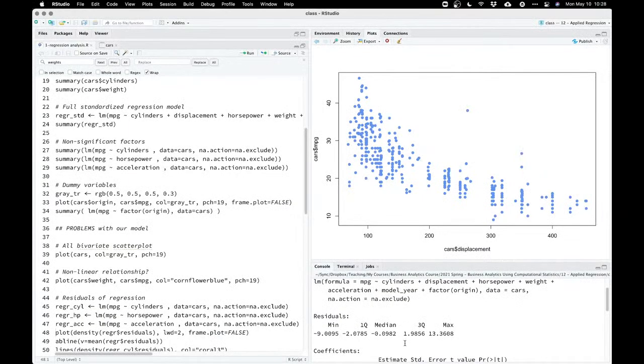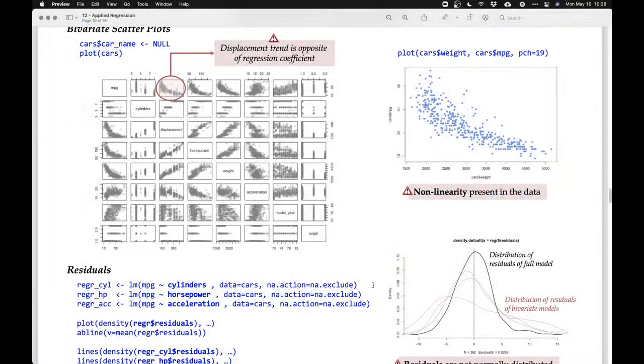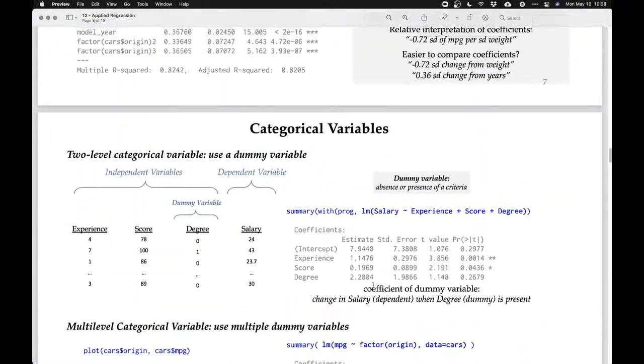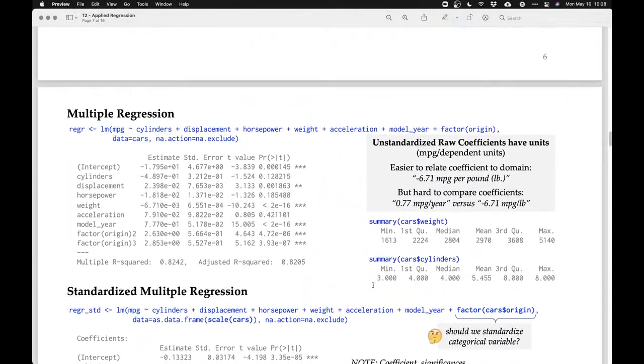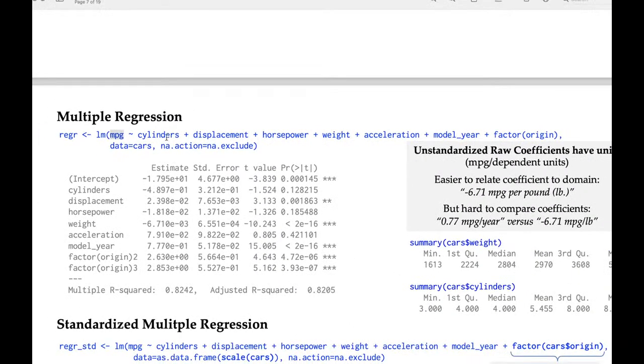We cannot really visualize the residuals of the full regression because the full regression has one dependent variable, one y variable, and how many x variables does it have? 1, 2, 3, 4, 5, 6, and actually 7, 8.